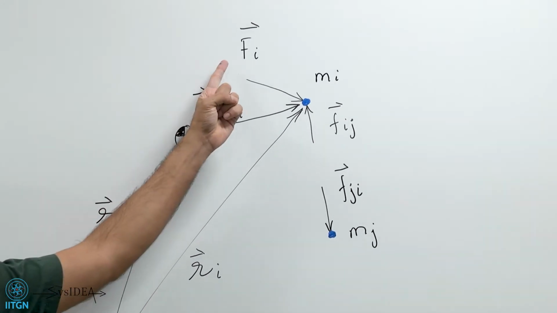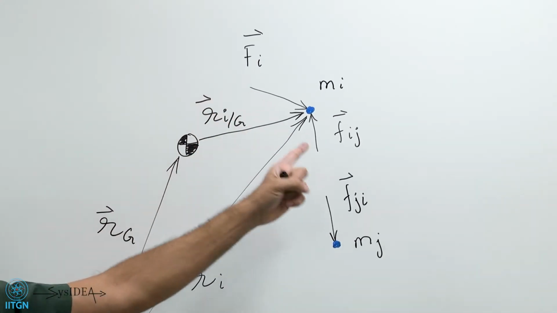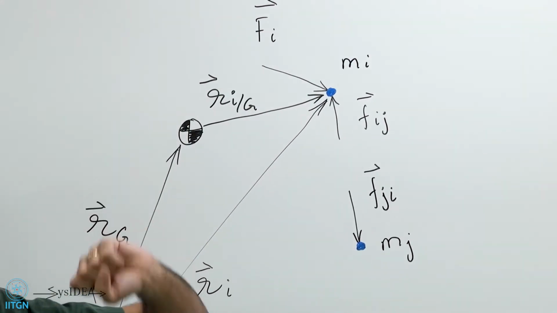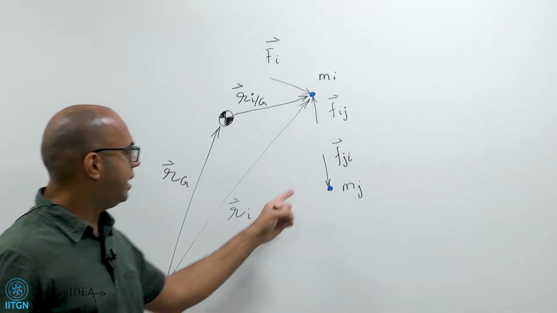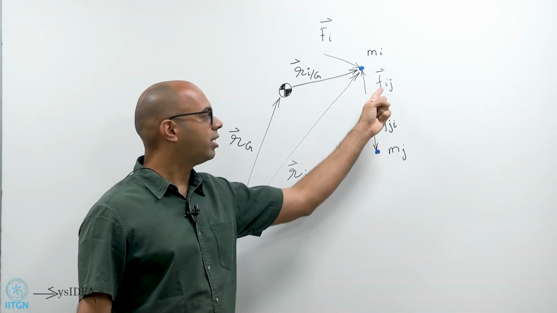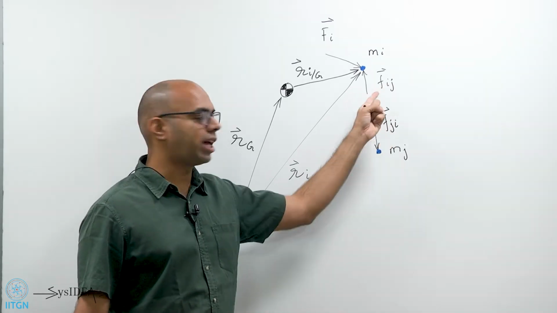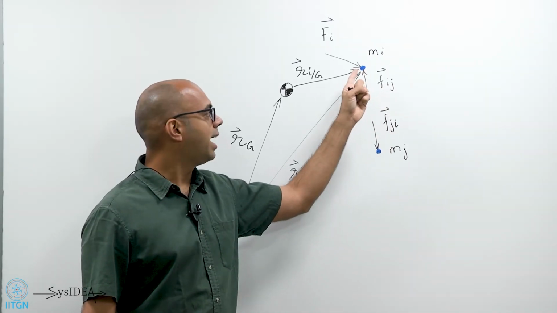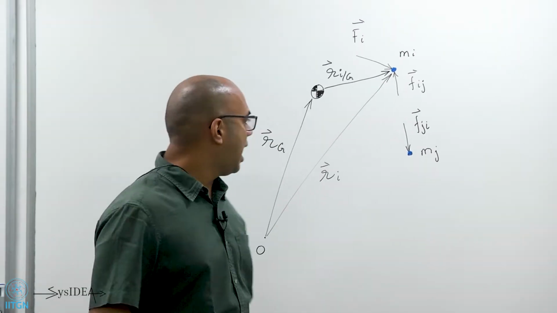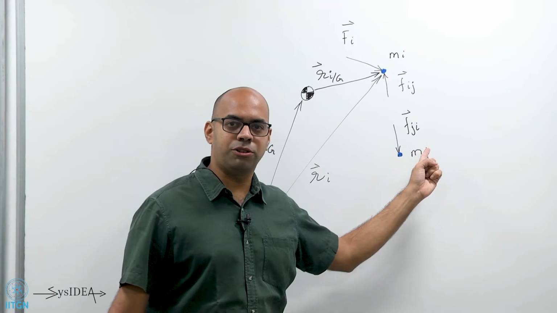And we would say all the external forces acting on the ith particle, their resultant together is called capital Fi. And the internal forces acting on the particles due to each other, they are called Fij and Fji. So Fij is the force acting on the ith particle due to the jth particle, and that is equal and opposite to Fji.